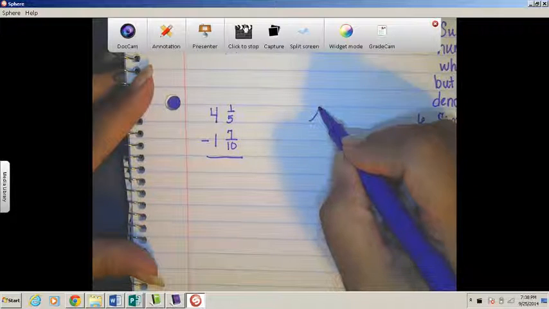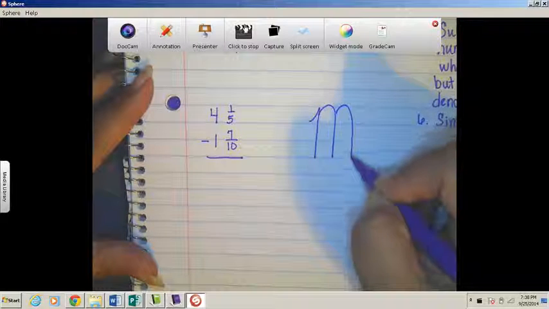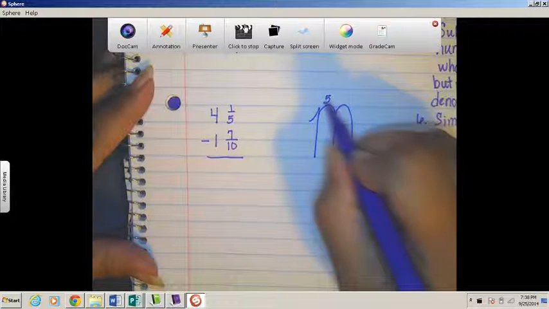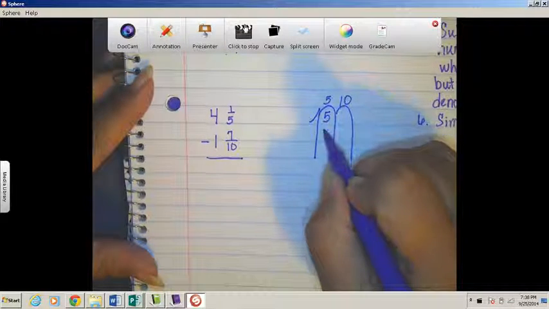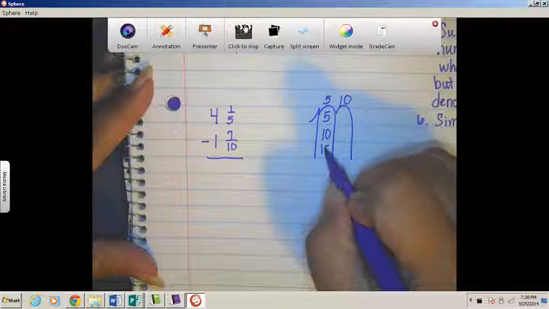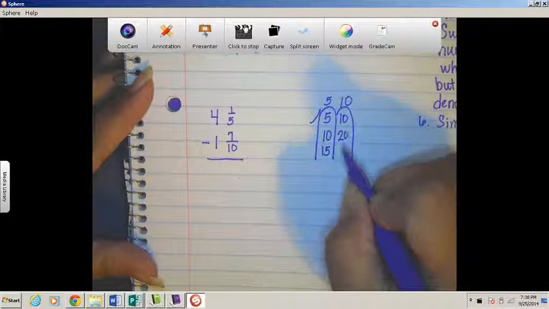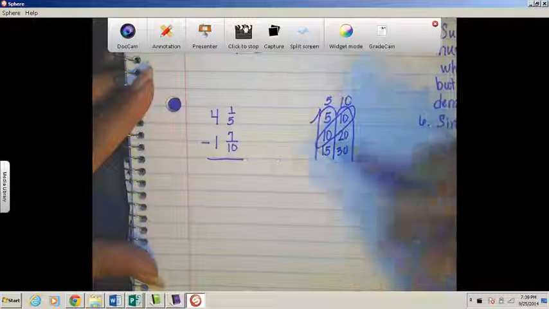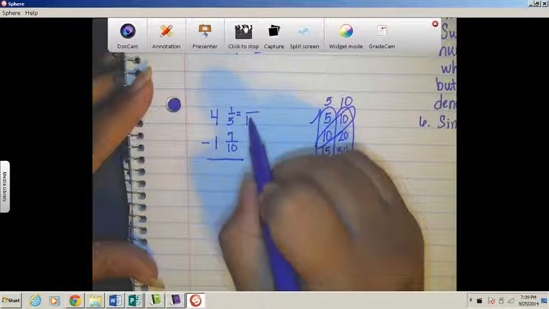We have to find our least common multiple. 5, 10. 5, 10, 15. 10, 20, 30. 10 is my least common multiple. That is also going to be my common denominator.